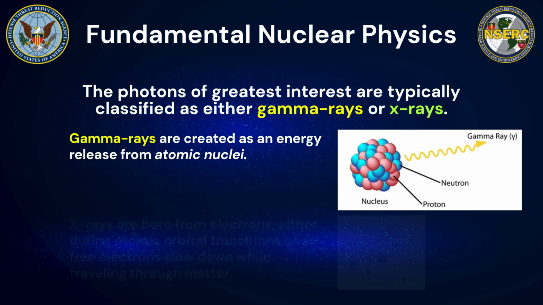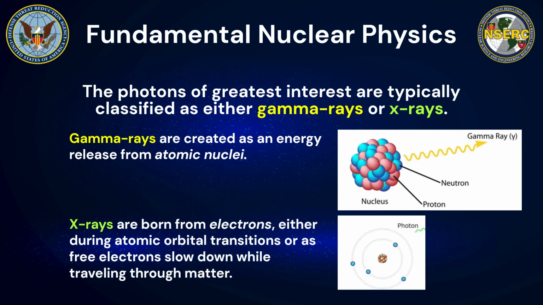In contrast, X-rays are born from either electron energy transitions within an atom's electron cloud or from free electrons as they slow down while traveling through matter. In both cases, X-rays are emitted from electrons, which tend to make them less energetic than gamma rays and, therefore, much less penetrating in matter and individually less dangerous to humans.